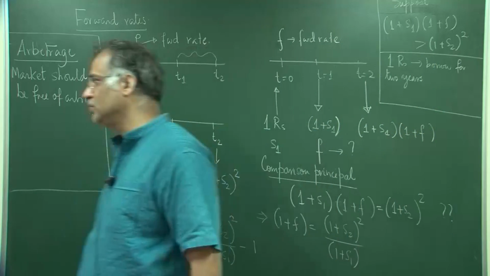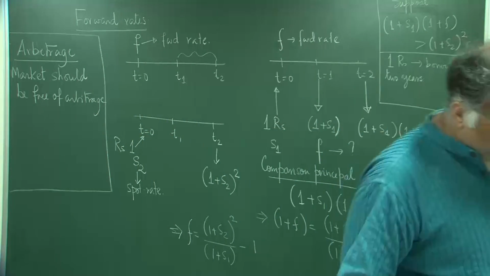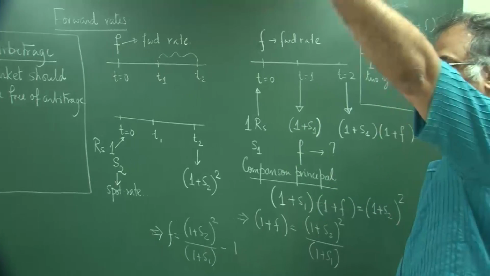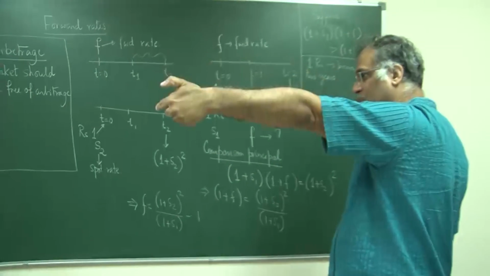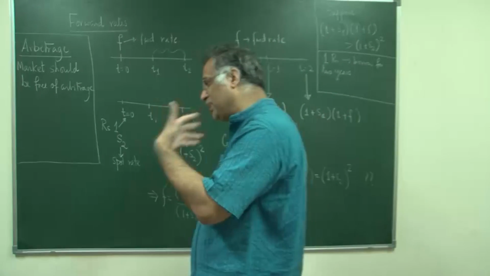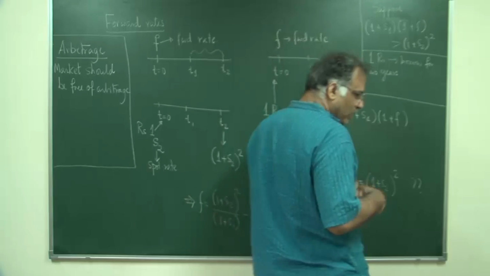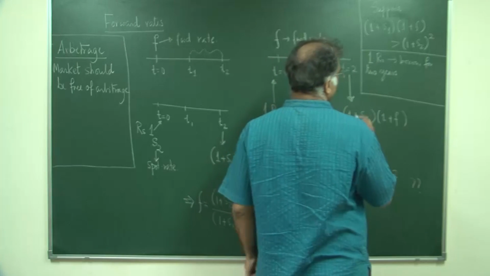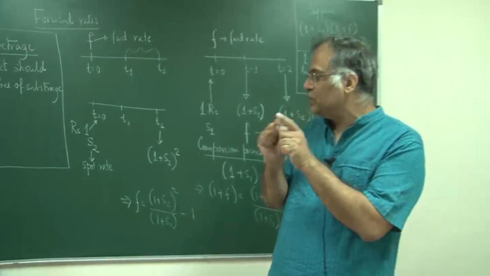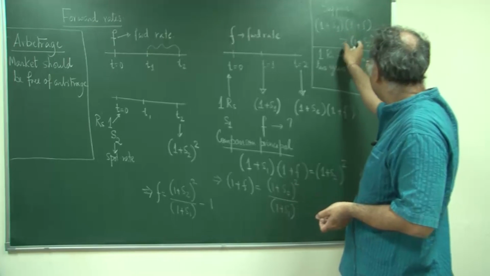Meanwhile, I take that 1 rupee and invest it in some other bank up to 1 year, and then give it as a loan to somebody else, 1 plus S1. So at the end of 2 years, I have to give back to the original bank 1 plus S2 square amount of money.